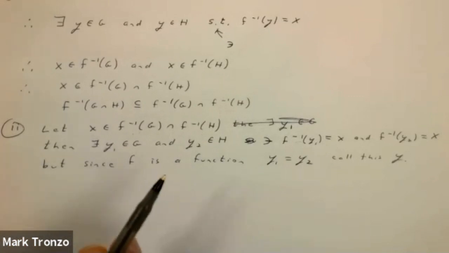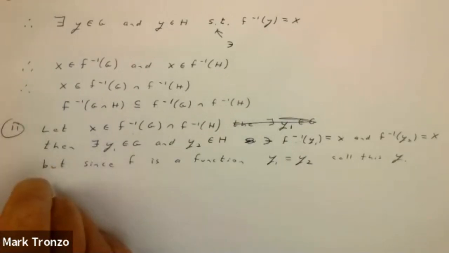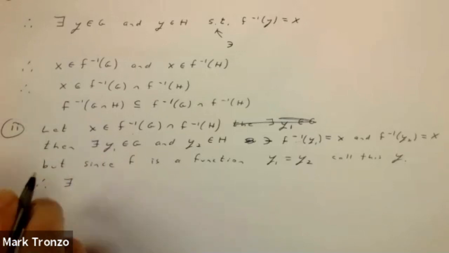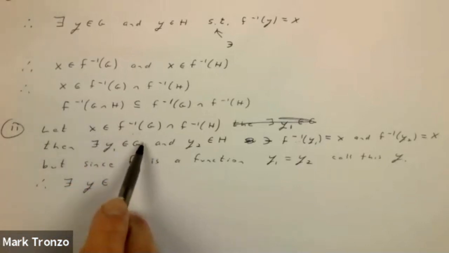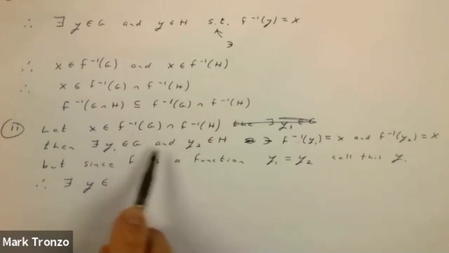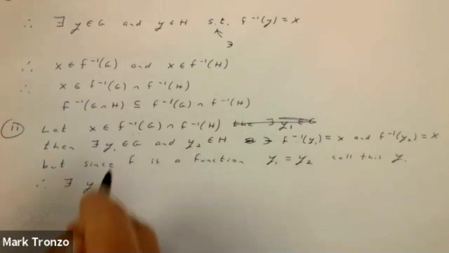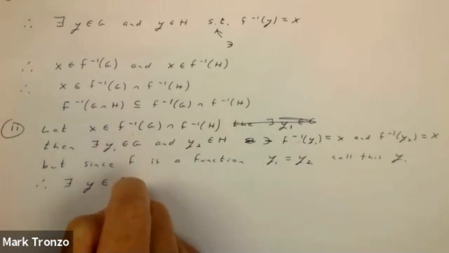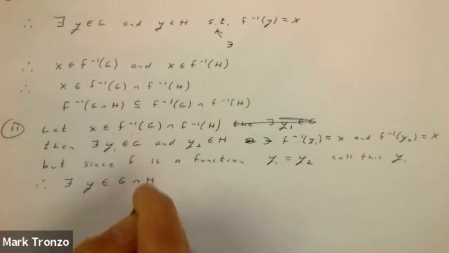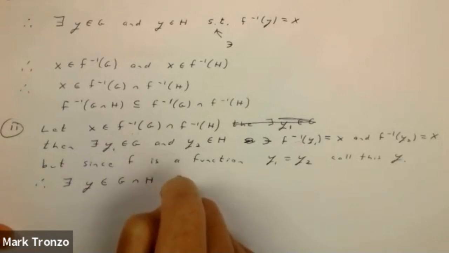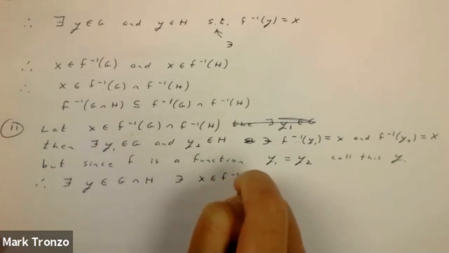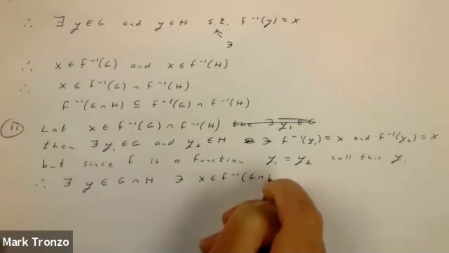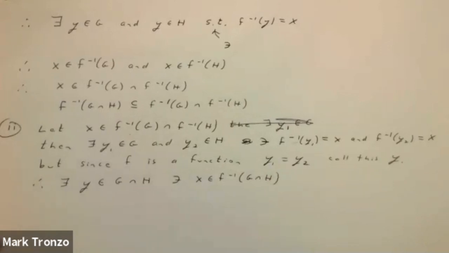And so therefore, there exists a y, and up here we said that y1, y2 were in G and H. Now that's just one y. So there exists a y in G intersection H such that x is in f inverse of G intersection H, like that.